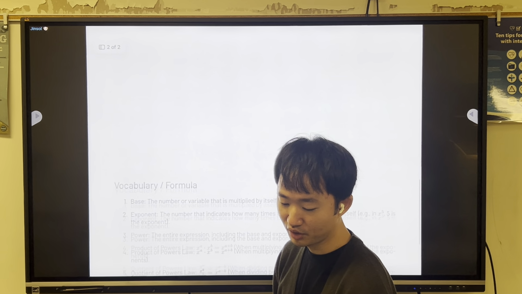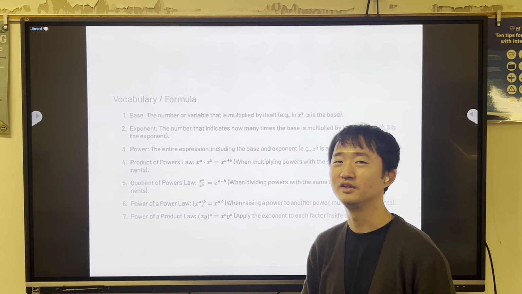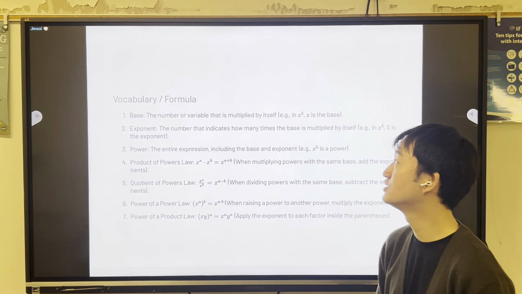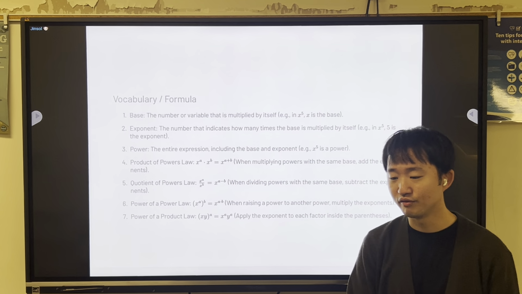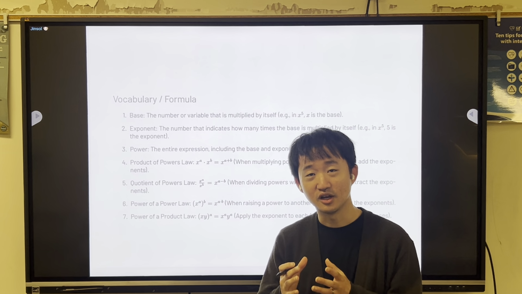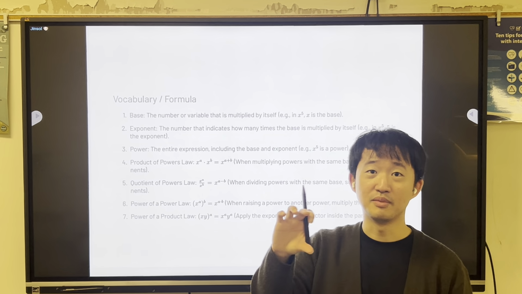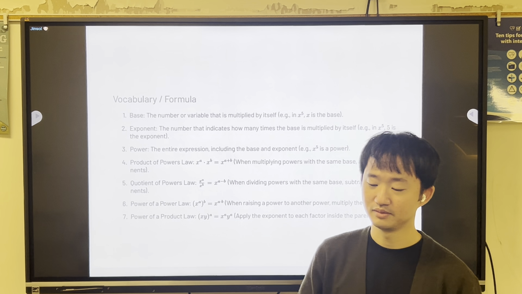Let's review the vocabulary and the formulas. In this class, there's quite a lot because we've learned all these exponent laws. First of all, the base. The base is a number or variable that is multiplied by itself. Usually the base is the number written on the lower left-hand side of the power.